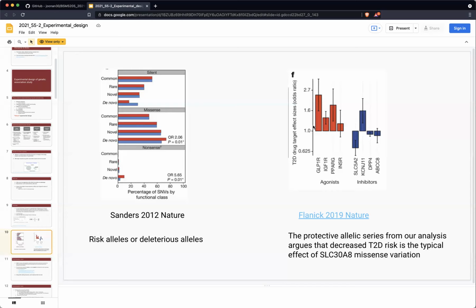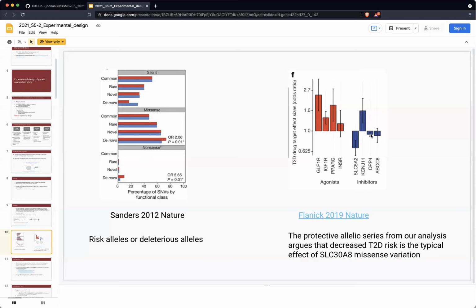Why I show you this example is that mutations in genes like GLP-1R or IGF-1R are highly found in cases, right? Because the odds ratio is greater than 1. So this is the same situation as the autism research.